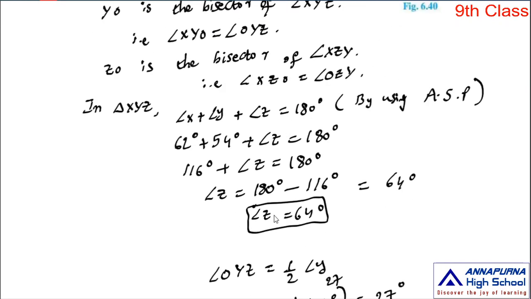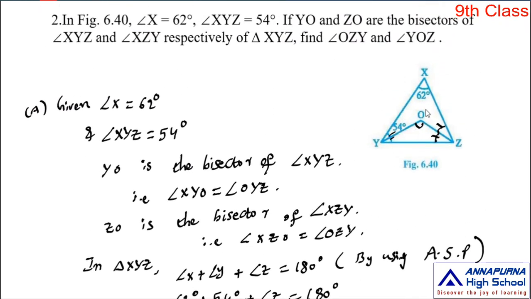See the figure. In triangle OYZ, by using angle sum property, the sum of all interior angles of a triangle is 180 degrees.